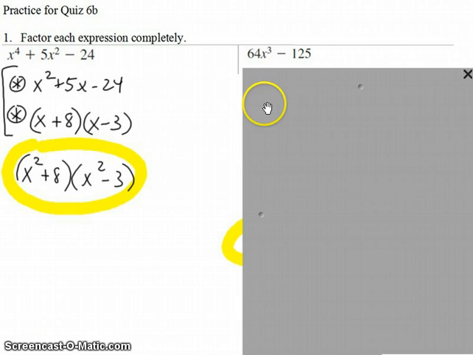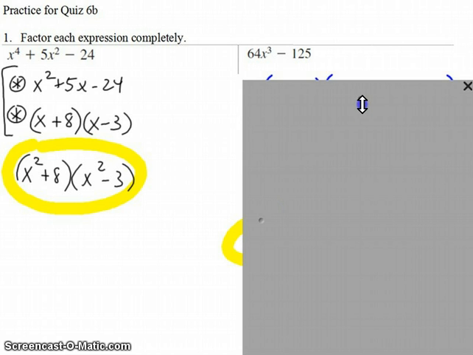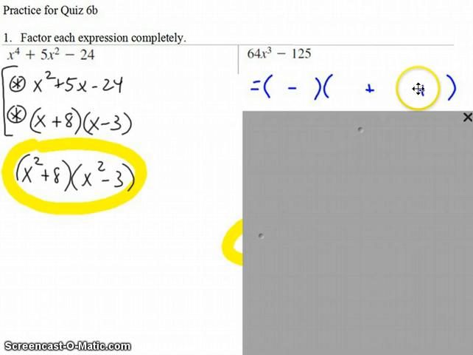Moving over to this one on the right here. In this case, I do have a difference of perfect cubes. This is, let's see, I think it was the second of the 4 different scenarios that we've talked about. Okay, so I set up my framework, the landing pad where I'm going to put my answer. And remember, it's going to be a binomial times a trinomial.